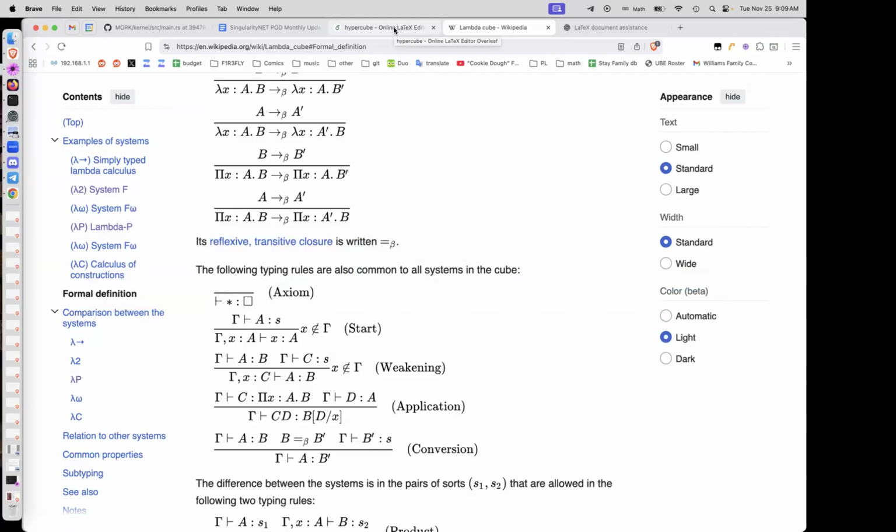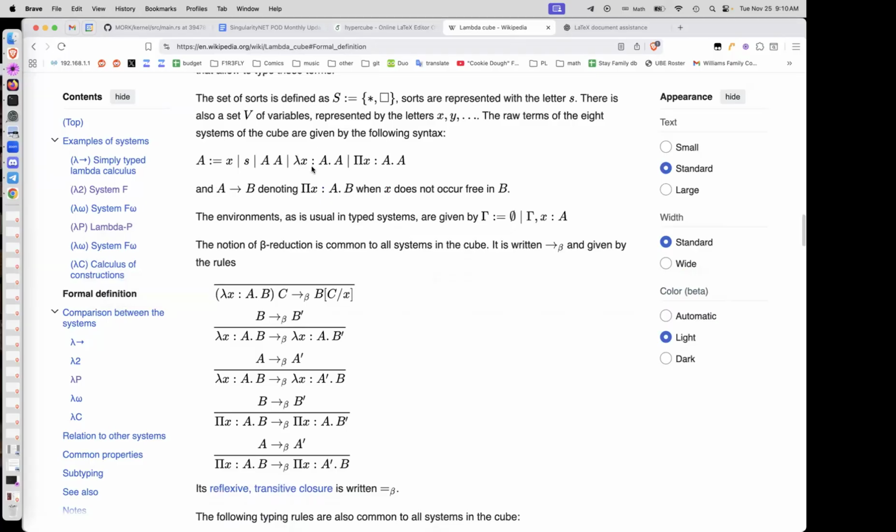It is closed, so you can talk about binders. Right here, lambda x is a binder. In pi calculus, for x from y is a binder. It binds x in the body of the for comprehension, or the for process, and so on. We have products, so we can talk about two terms.